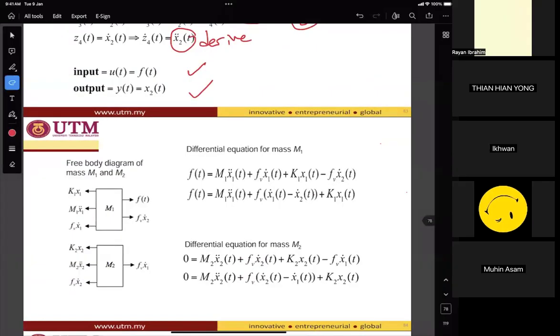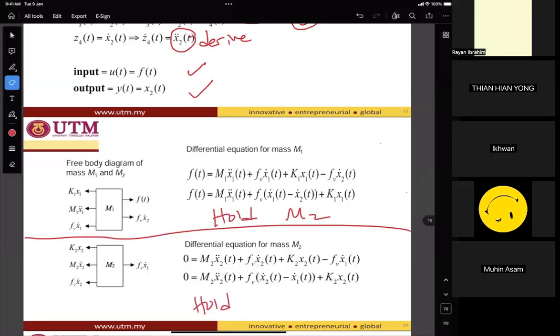Looking at M1, this one is M1 and this one is M2.